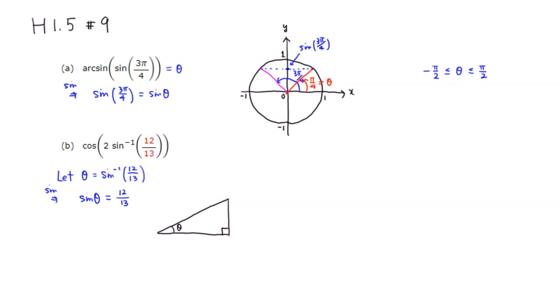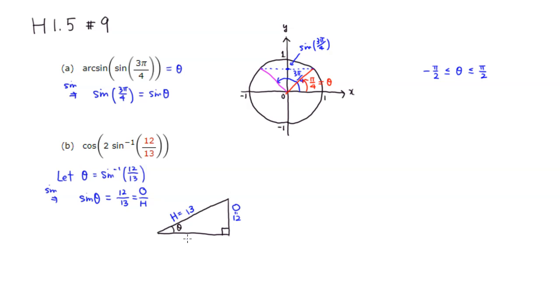The definition of sine is opposite over hypotenuse, so we can set the opposite to be 12. I'm going to put the 12 here because that's the opposite, and we can set the hypotenuse to be 13. This is the hypotenuse here, and this is the opposite here.